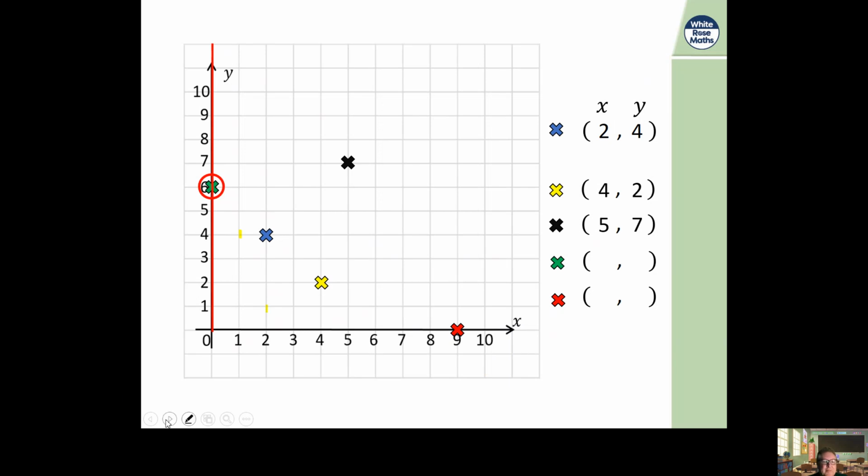Maybe you agree with that. Yep. So 0, 6. You were quite right to point out that it wasn't on the true origin, but it is on the 0 x-axis point.